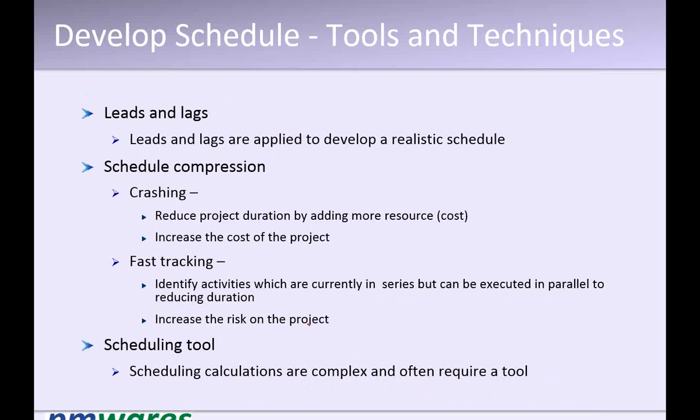Leads and lags we have understood. Now we talk about crashing and fast tracking. Suppose the schedule you developed comes out to be 7 months and you want to complete in 6 months. What do you do?